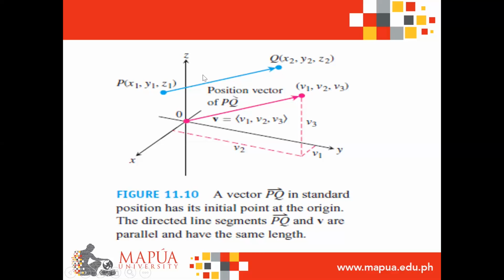If you are going to get the component of your vector PQ, that is equal to ⟨x2 minus x1, y2 minus y1, z2 minus z1⟩. That is also equal to the component of your vector V, which is ⟨v1 minus 0 or v1, v2 minus 0 is v2, then v3 minus 0 is v3⟩. Take note that the coordinates of the origin are (0, 0, 0).